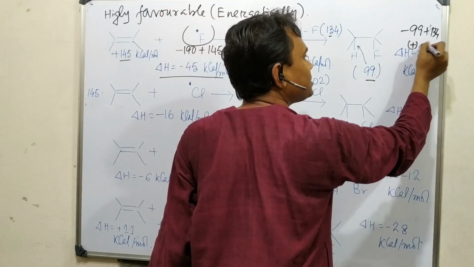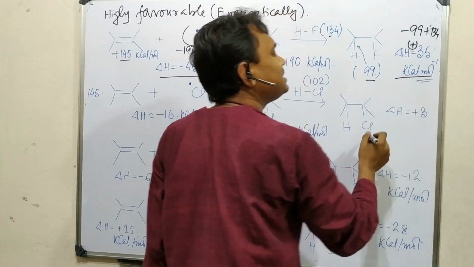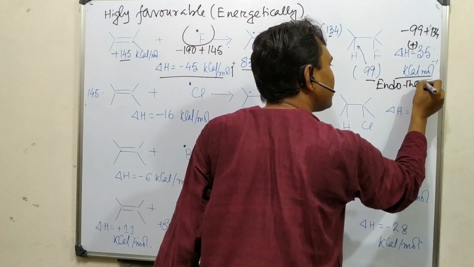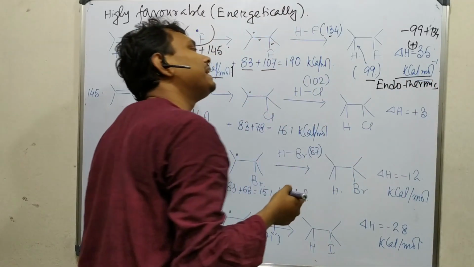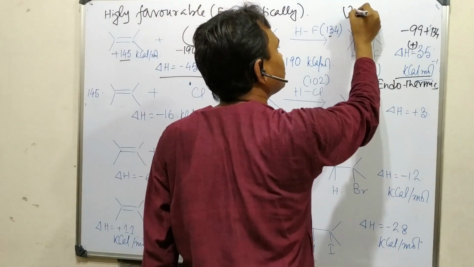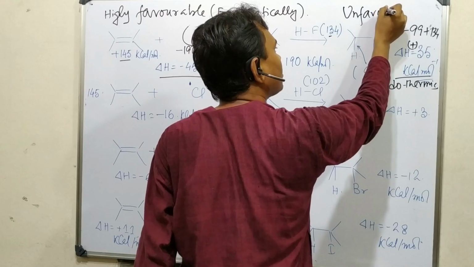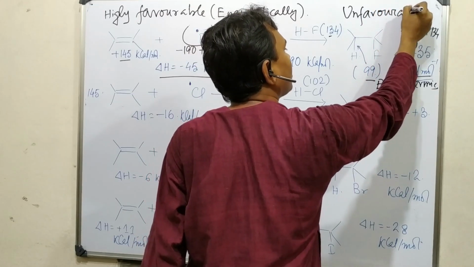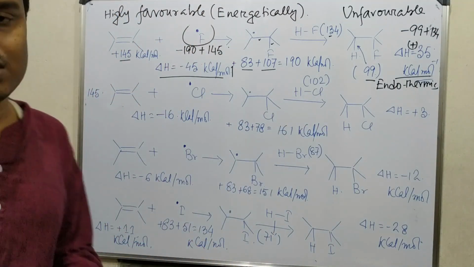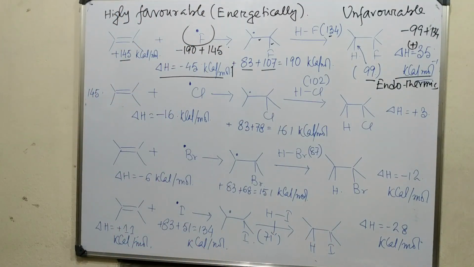So delta H is positive, so this step is endothermic. It means we have to provide energy in order to achieve this step. So this step is unfavorable. That's why this step will not occur, and that is the reason why HF doesn't show reactivity for this anti-Markovnikov process.